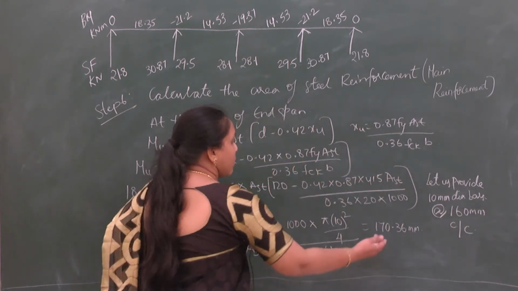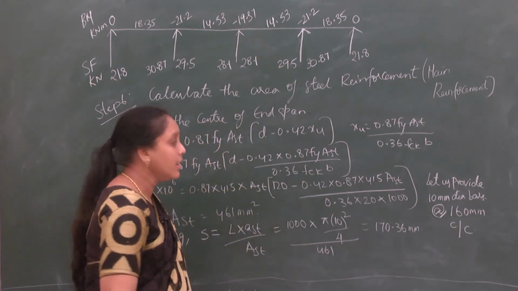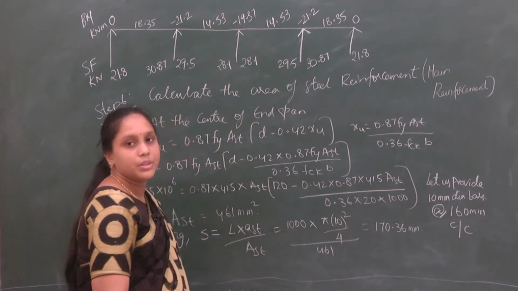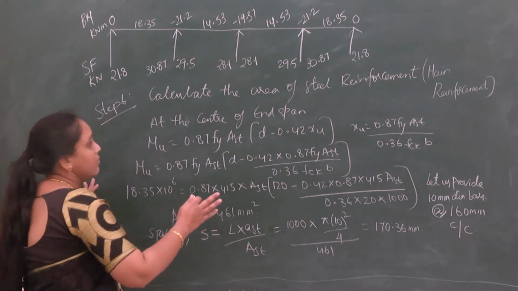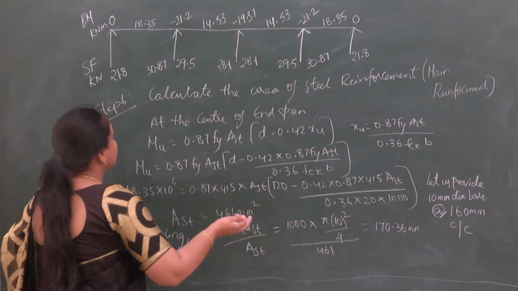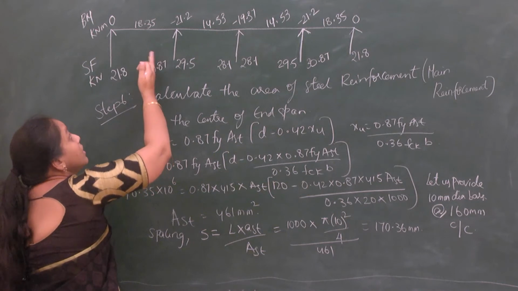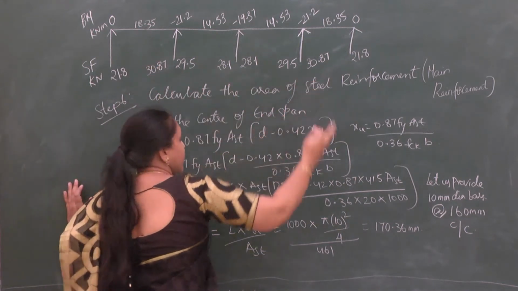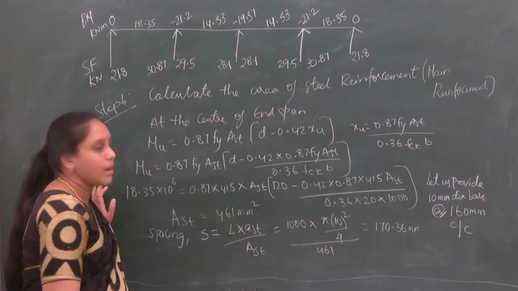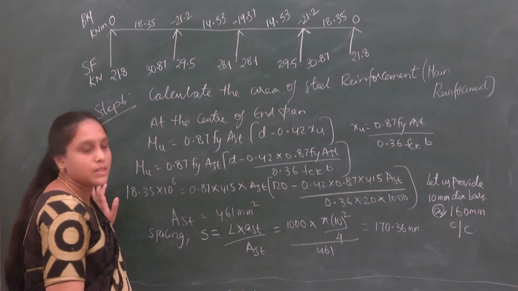Either you can take 170 mm also, but here I have taken 160 mm center to center. So where are we providing these bars? At the end supports. Here and here we are going to provide 160 mm bars center to center.